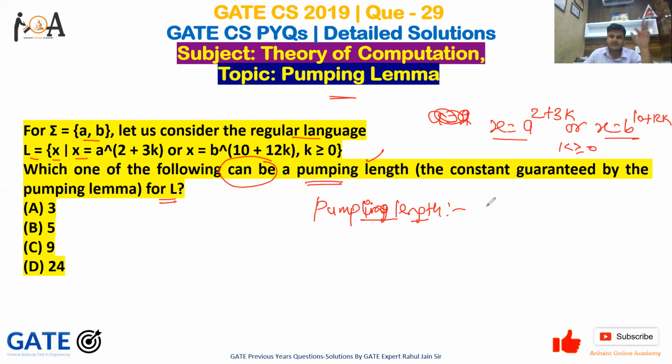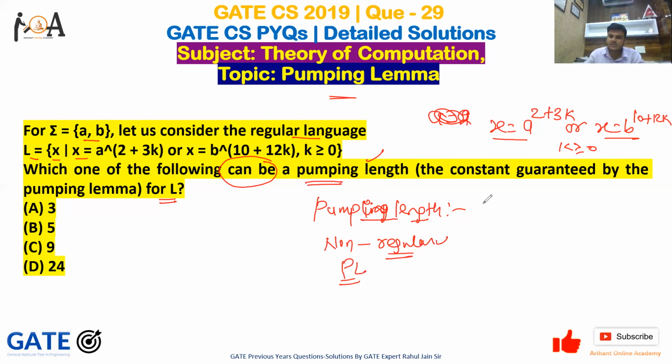That is a must. And with the help of that, if one string is possible which is not accepted by that automata, it means the language is non-regular. So basically the pumping lemma concept is used to prove any non-regular language as non-regular.